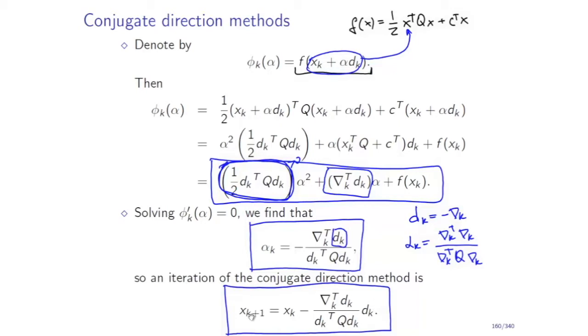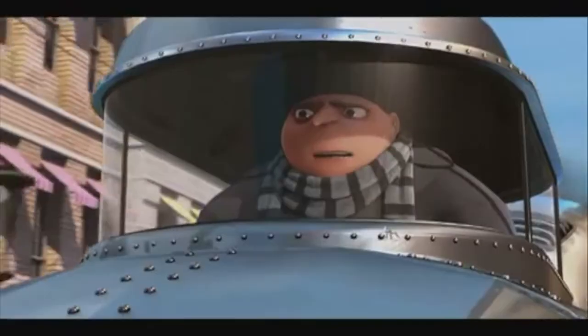We also need to discuss how we actually select these q conjugate directions dk. But before we do that, we will first discuss some of the properties of the conjugate direction methods that will be important later on. Very important!